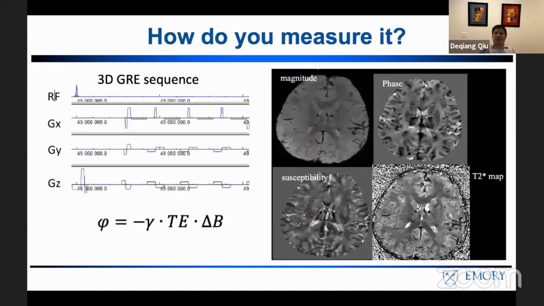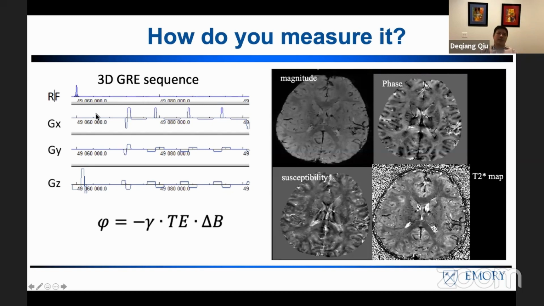So we see it's sensitive to a lot of things: to iron, also to myelin, and also to deoxygenated hemoglobin concentration. So how do we measure it? A typical MR method used to measure QSM is really just a 3D GRE sequence. So QSM really is a post-processing technique.